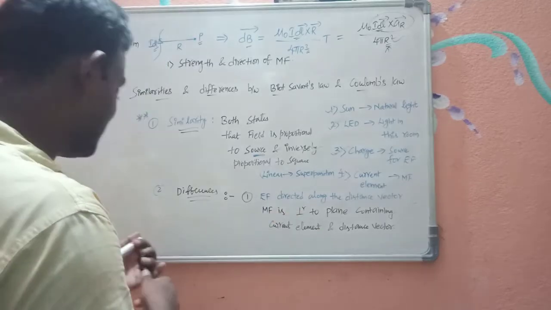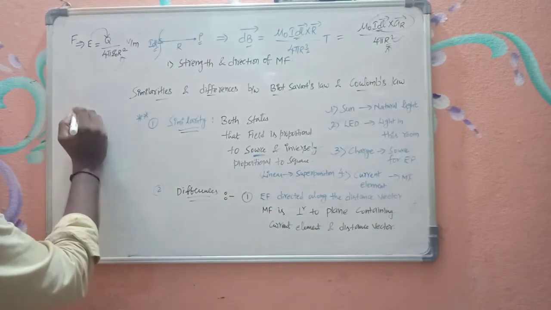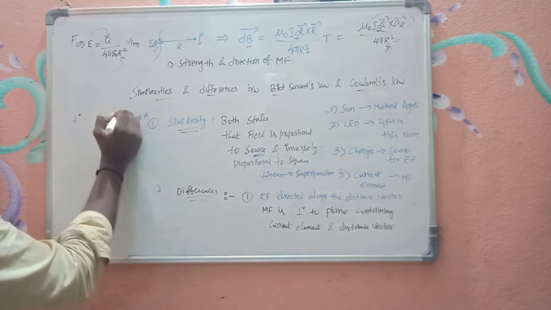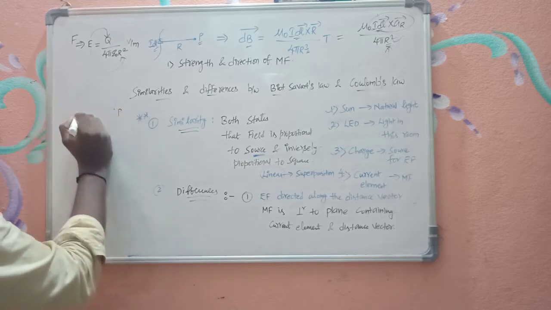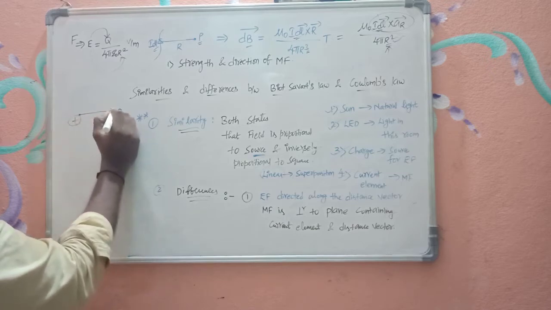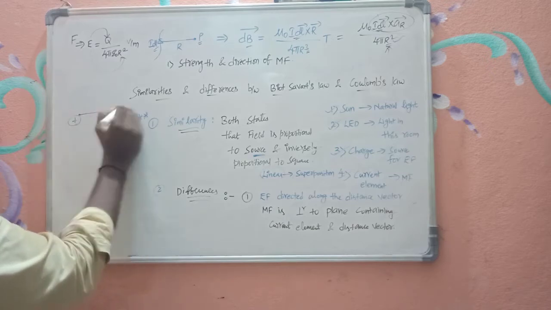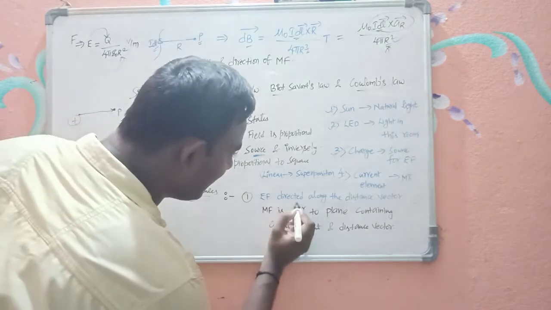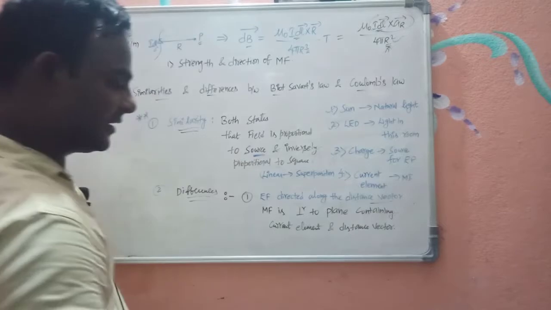For example, when you have a charge here, positive or negative, and this is the point of interest, the electric field always acts along the line joining the charge and the point of interest. So the electric field is directed along the distance vector.